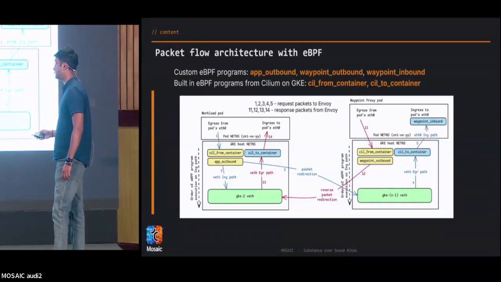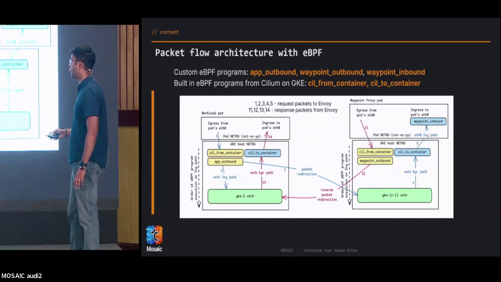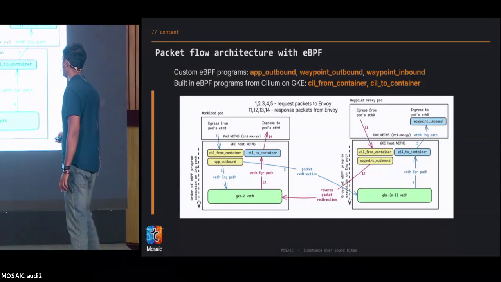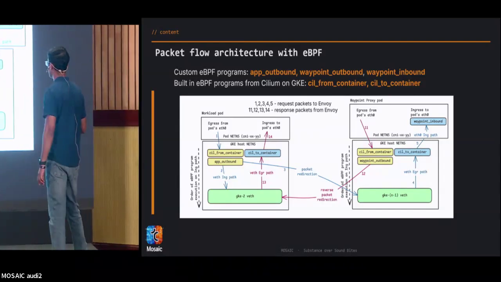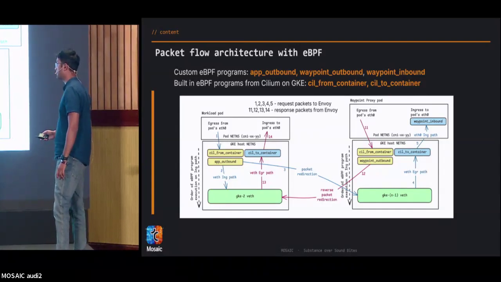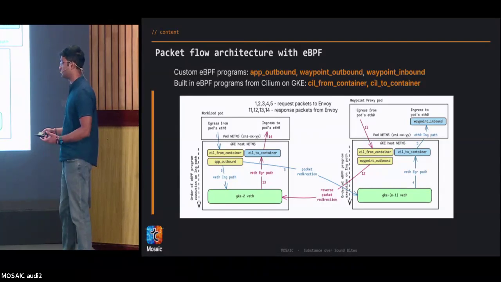Because Cilium attaches the program at a very early stage in the pod initialization phase, we cannot override that, and that's okay. That does not matter in our case. We just have our app outbound program run after the SIL from container, and then that program makes the decision whether the packet should be sent to the network interface of the Envoy pod on the same node in the host, or should be sent to its natural destination, which is defined by the destination information on the packet itself.